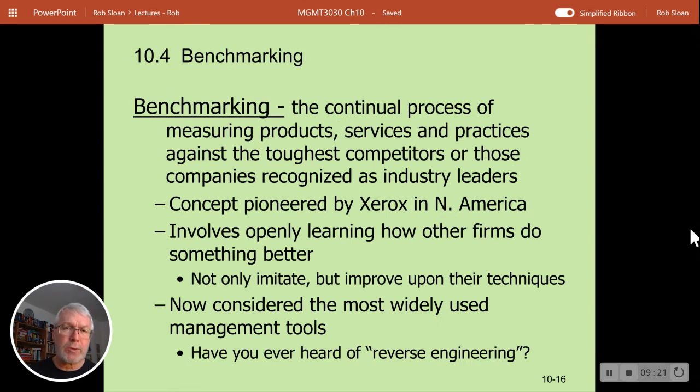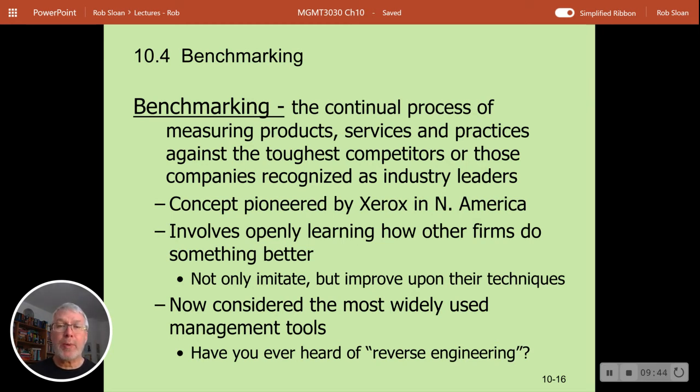There are some other tools that are very useful for management in monitoring and controlling activities. Benchmarking is the continual process of measuring products, services, and practices against the toughest competitors or those companies that are recognized as industry leaders. The concept was pioneered by Xerox in North America.